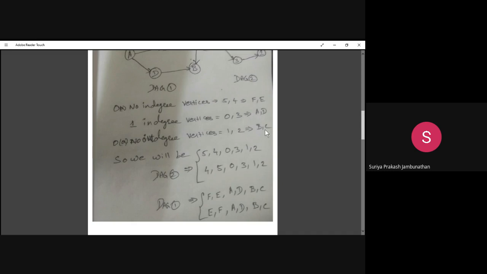And 0 out degree vertices, that is B comma C, will come last. So when you are putting it another way, E will come first and F will go second. So EFADBC will be the second solution. So in topological sorting, we are having different solutions. So these are the ways you can represent. This is the general way they show the solution.